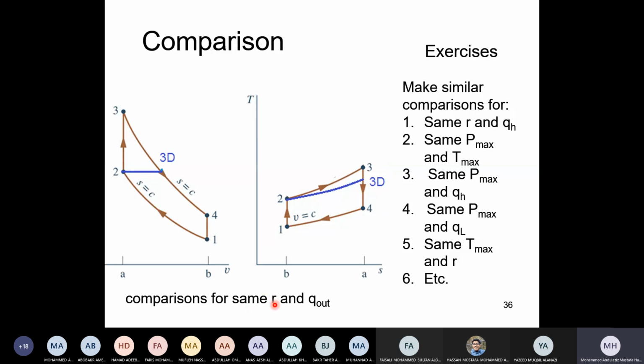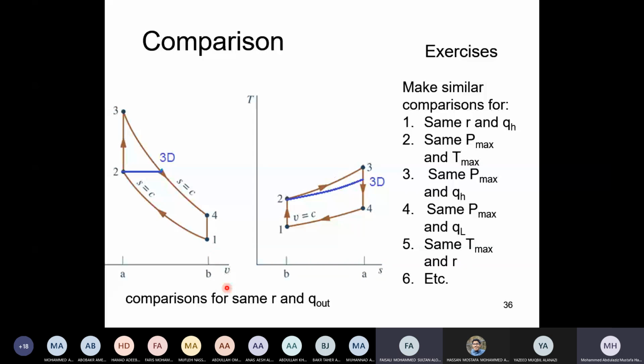The second thing is, do they have the same Q out or not? Look at the area under 4 to 1. Do they have the same QL? Yes. All right. So which has the better efficiency now? Is it the Otto cycle or the diesel cycle?